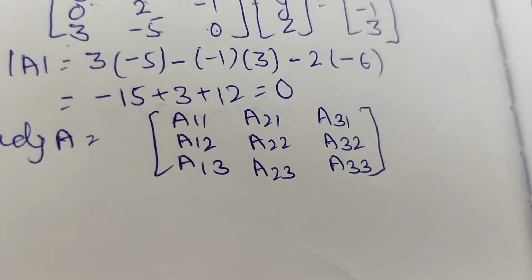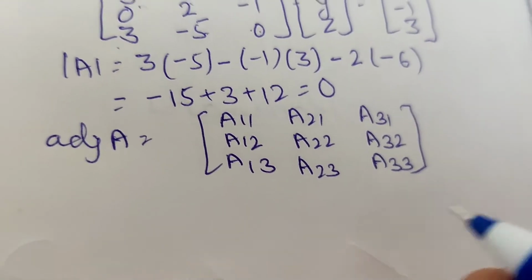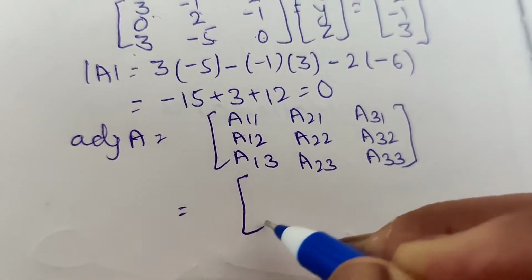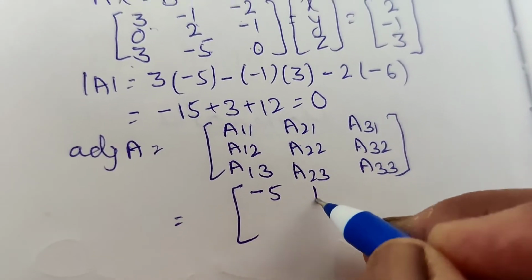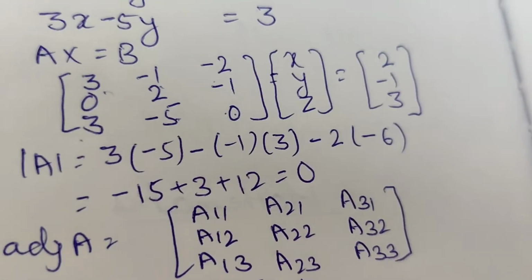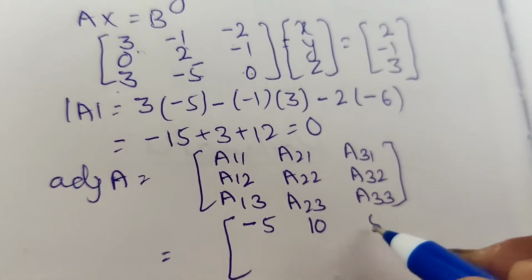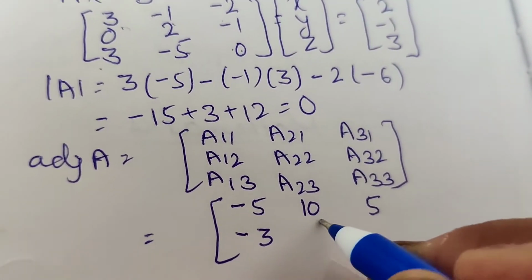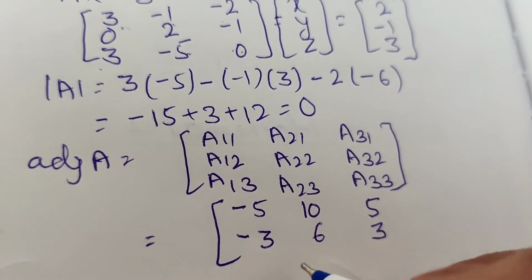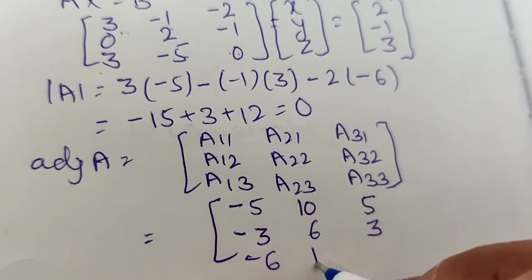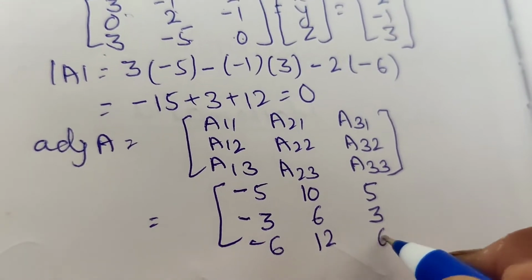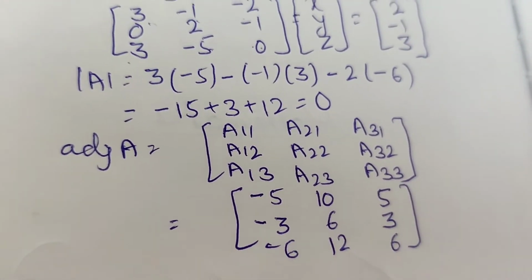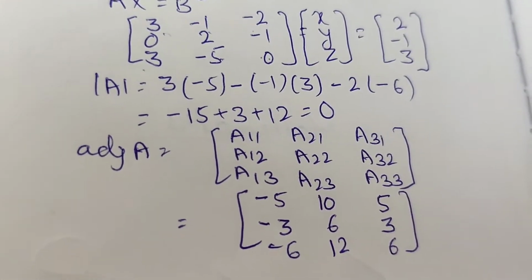So we can write the adjoint of A directly: minus 5, 10, 5, minus 3, 6, 3 and minus 6, 12, 6. These are the adjoint of A.